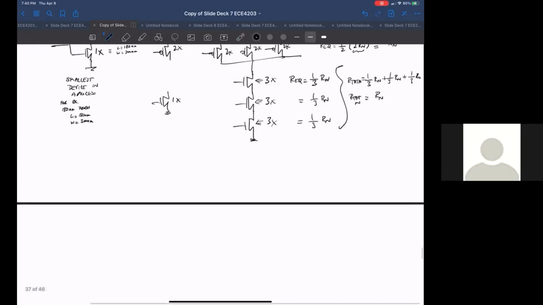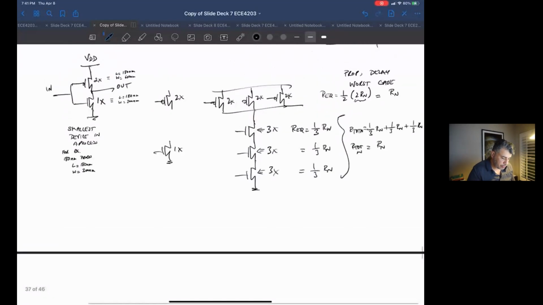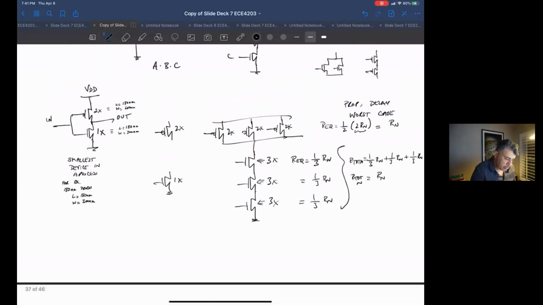So basically what we want to do is, the problem is asking for a 3-input NAND gate that has the same pull down and pull up resistance as an inverter, as a unit inverter. Okay, so the unit inverter's pull down is just a unit NMOSFET.